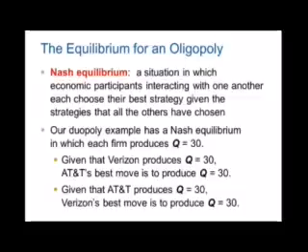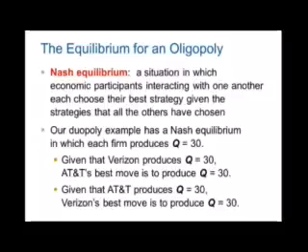If I renege, I will earn much lower profits, so it's best for me to produce 30 units, given that the other person is also producing 30.